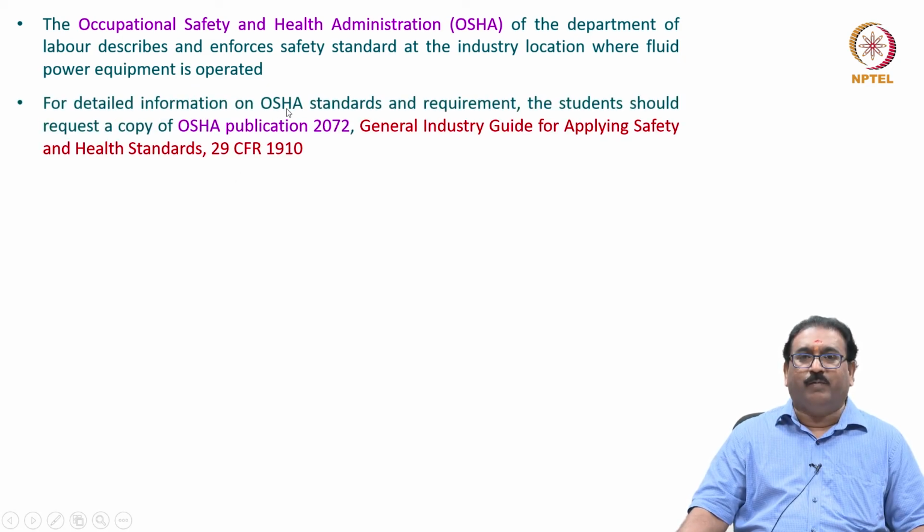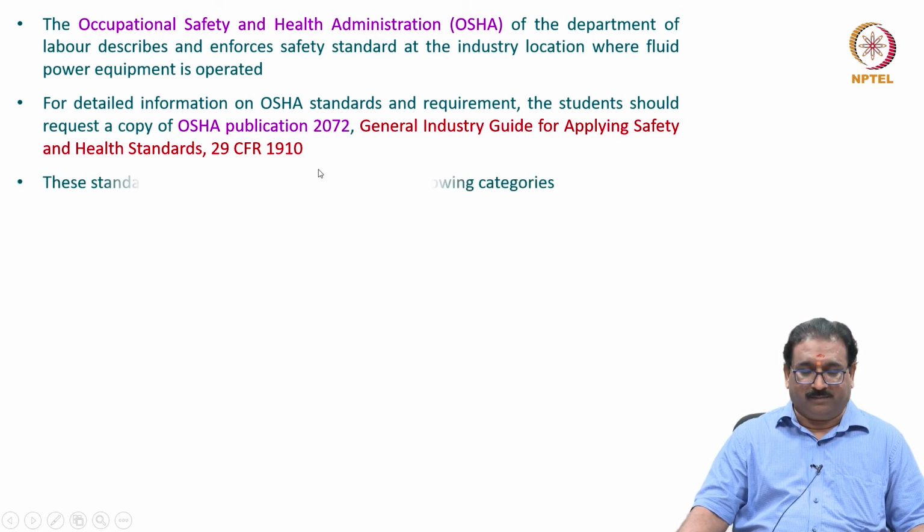For detailed information on OSHA standards and requirements, the student should request a copy of OSHA publication 2072, General Industry Guide for Applying Safety and Health Standards, 29 CFR 1910.